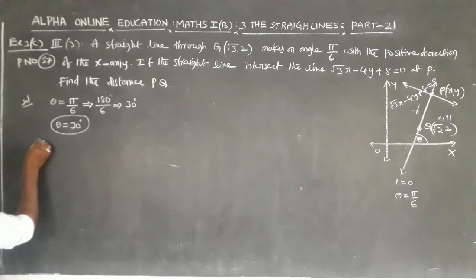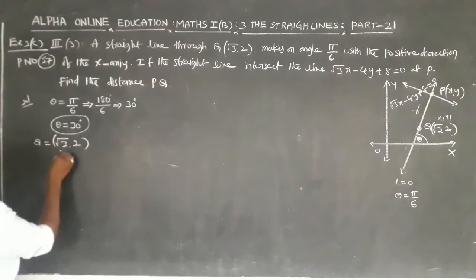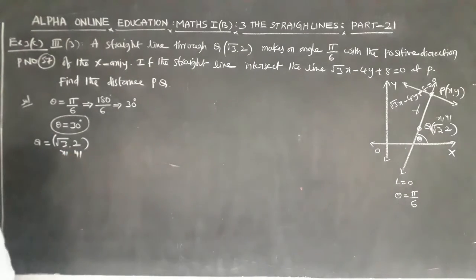The line passes through the point Q equal to (root 3, 2).